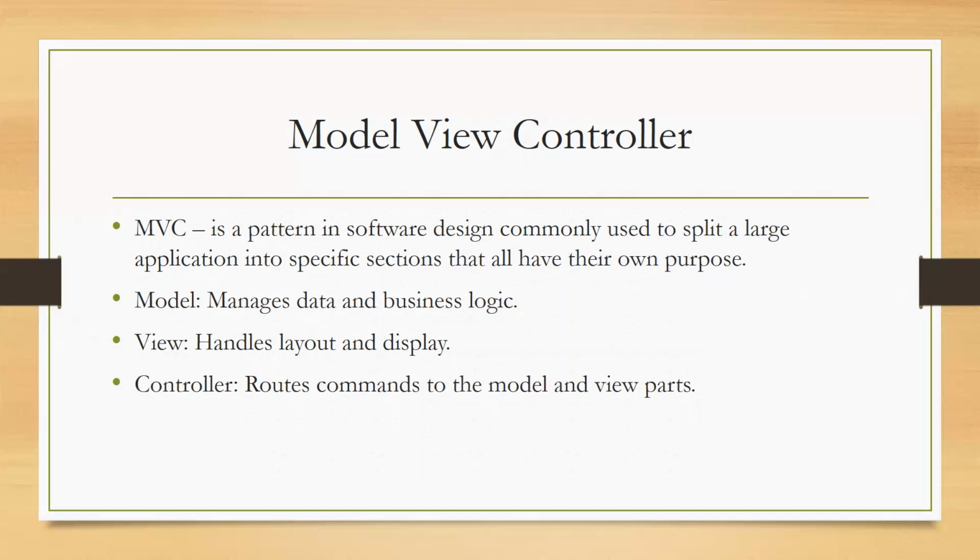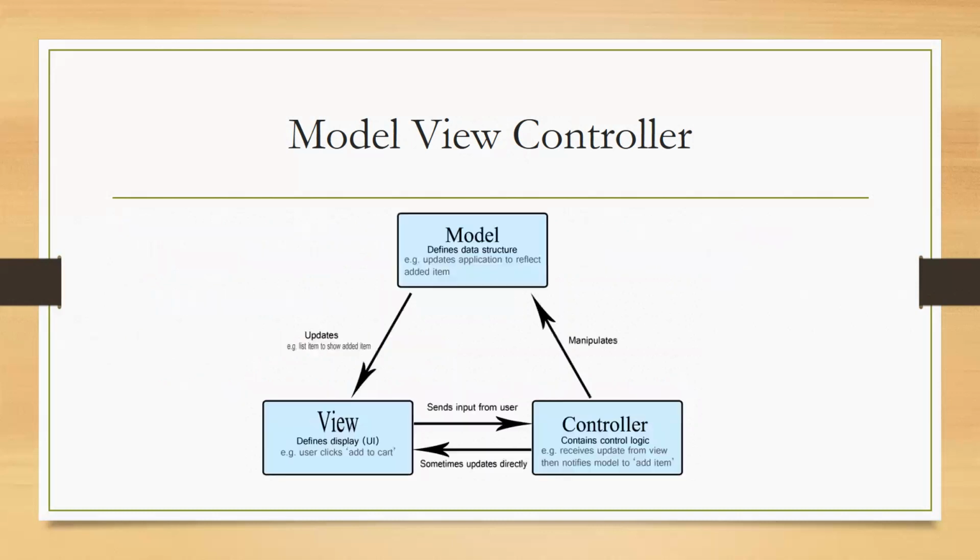So what I mean by that, the separation of tasks, I'll explain in more detail. You have a view, you have a controller, and you have a model. And the view is basically your HTML that the user gets to see.